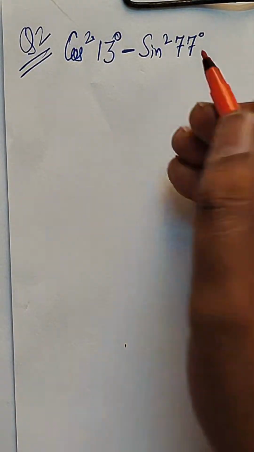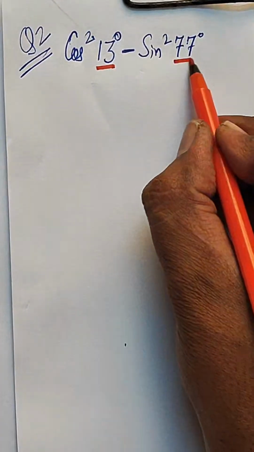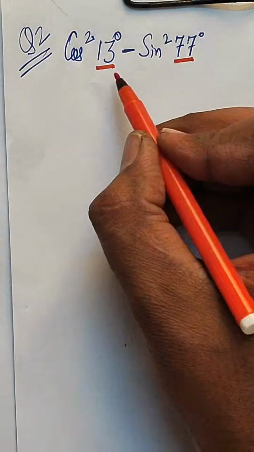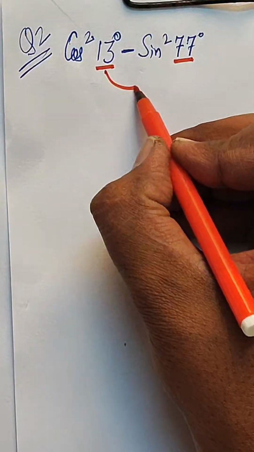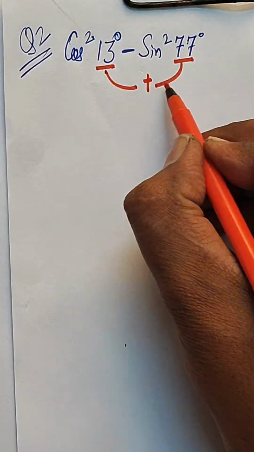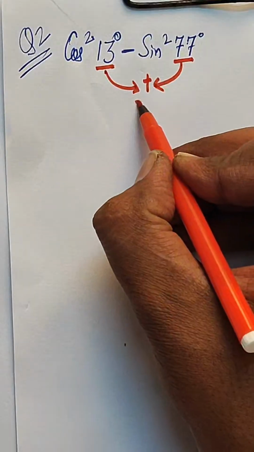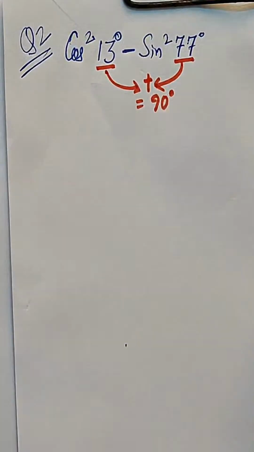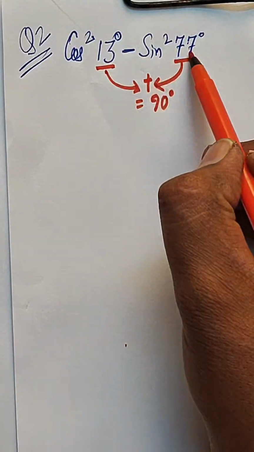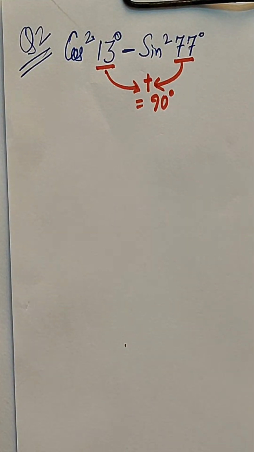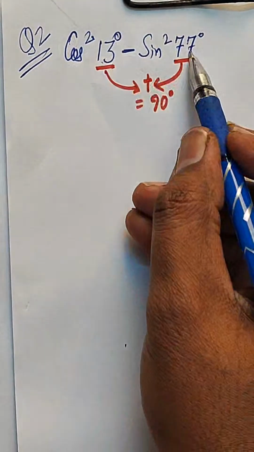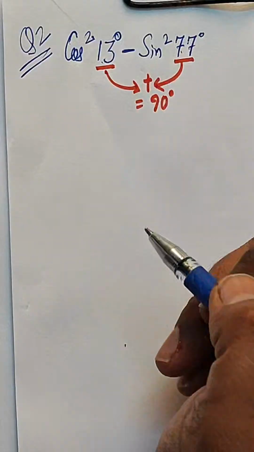Again observe these two angles, 13 and 77. When you add 13 with 77, we'll get the answer equal to 90 degree. That means you know that these angles 13 and 77 are complementary. Without having any second thought, directly go and convert one of the angles into its complementary.